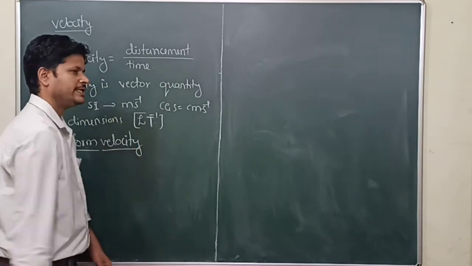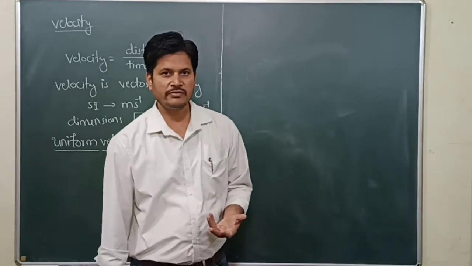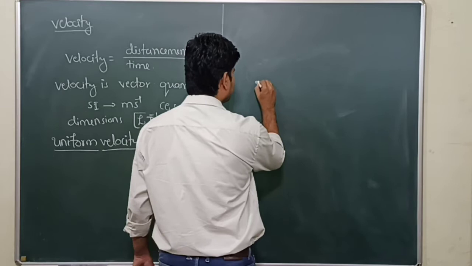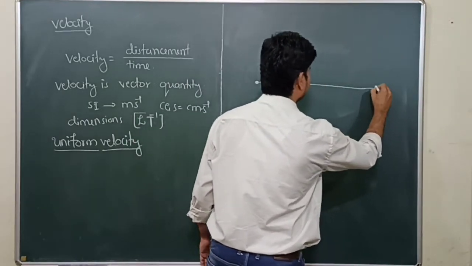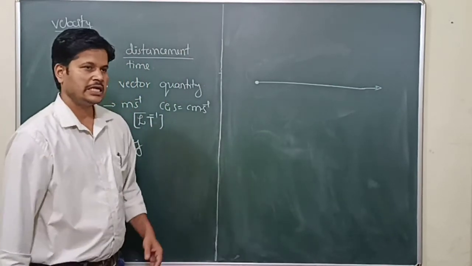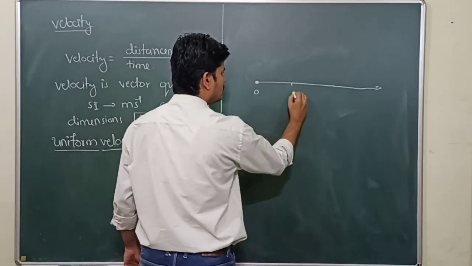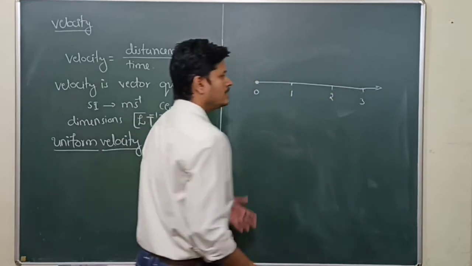Uniform velocity. When can we say that an object is moving with a uniform velocity? Let us consider a particle moving along a straight line. This is 0, this is 1 meter, this is 2 meters, and this one is 3 meters, like that.